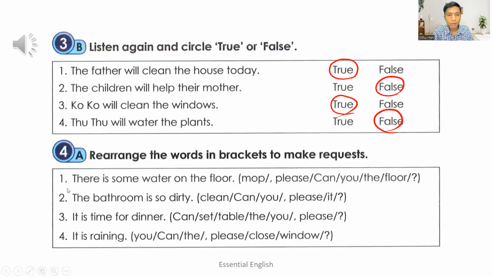Okay, the third one. There is some water on the floor. So this is the situation. If you look at the floor, you can find some water on it. So you need to make a request. If you want to make a request, you have to begin with can you.